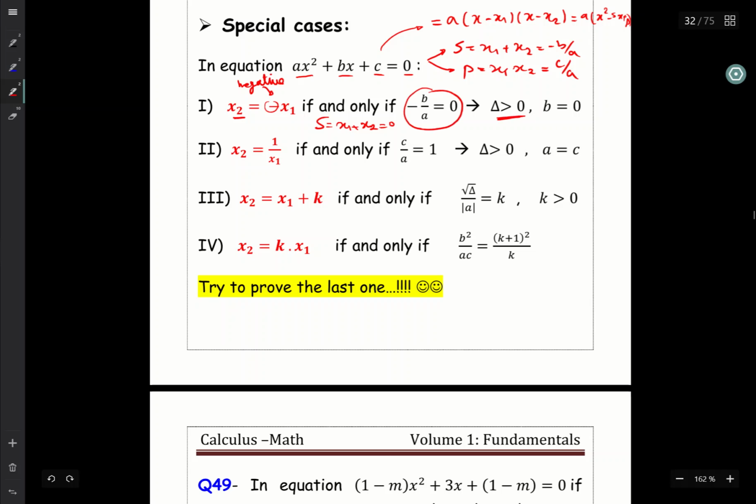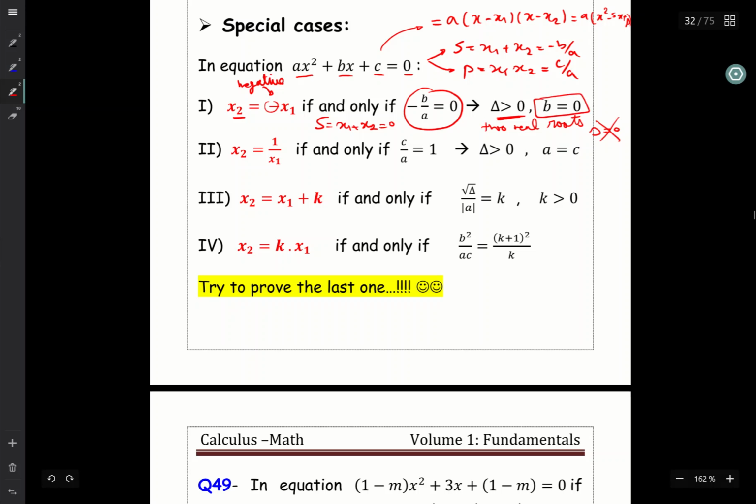This is true if we have two real roots, and the roots are not identical. They should not be the same, because if delta is 0 and we have two identical roots, then the sum is never 0 unless the roots are 0. Okay, and b should be 0.